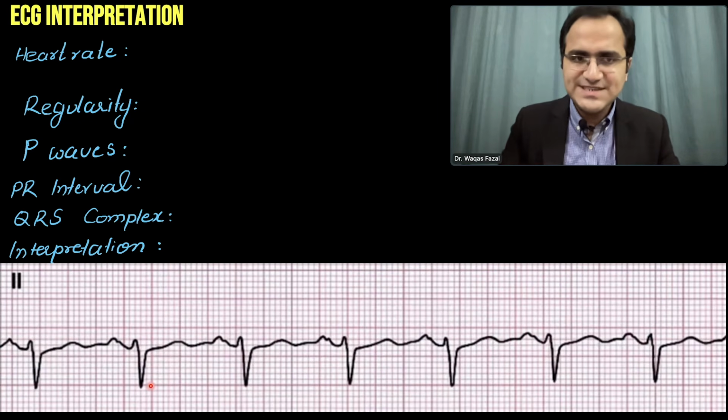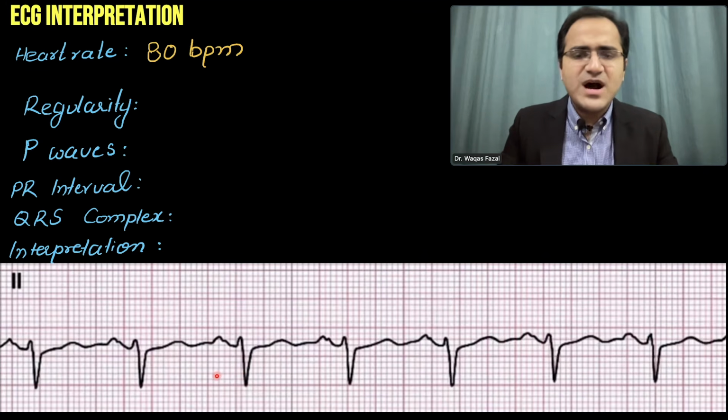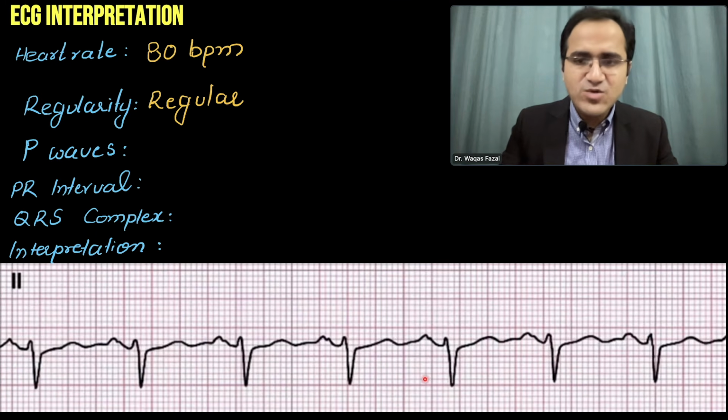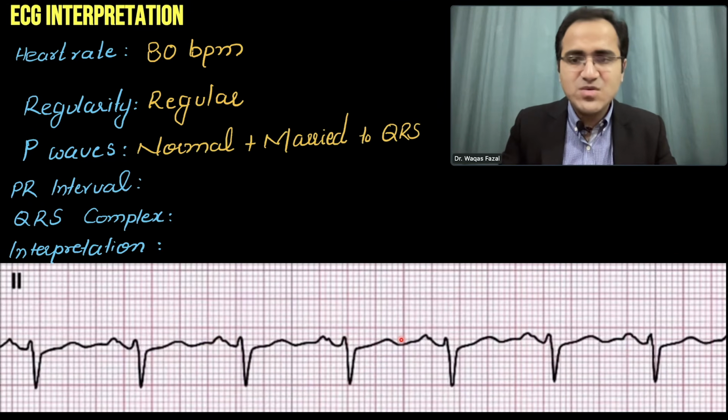Now let's solve this ECG. In this ECG, we have 1, 2, 3 large boxes, 300, 150, 100 and a little more than that. So we have a heart rate of 80 beats per minute. The RR interval is equal, constant, so that is a regular ECG. The P waves are present and they are married to the QRS complexes.